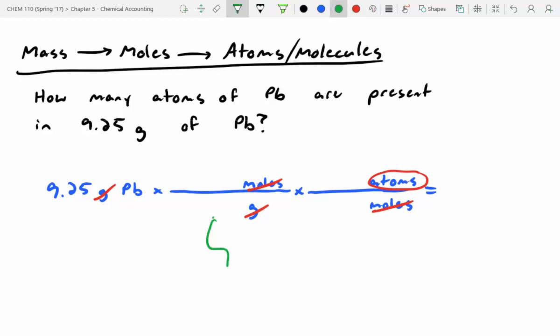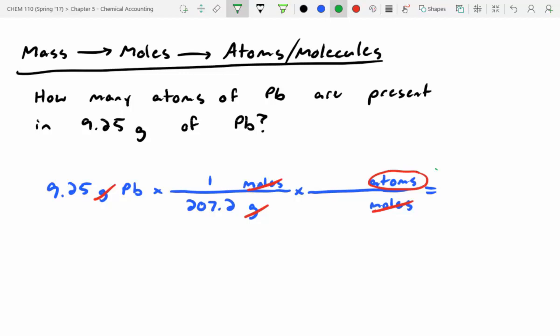So over here, what numbers should go where? Yeah, the 207.2, we look at the periodic table, that's the atomic mass of lead. Should that go on the top or the bottom? The bottom, it goes on the gram side. So 207.2 grams for every 1 mole. Okay, so we've got that conversion taken care of.